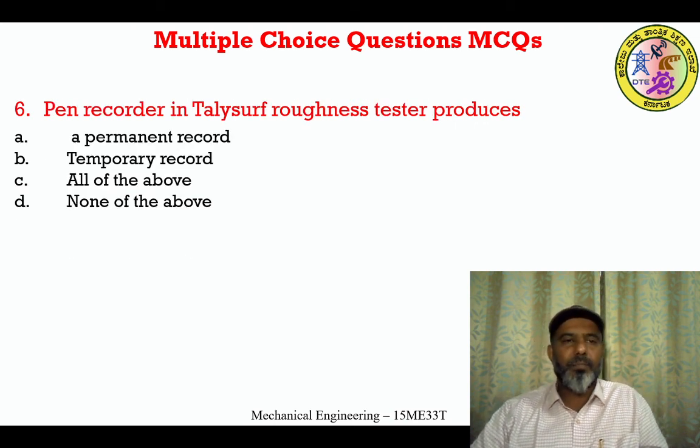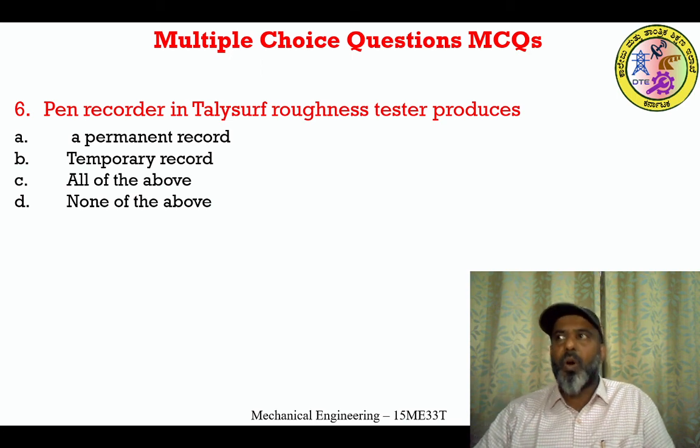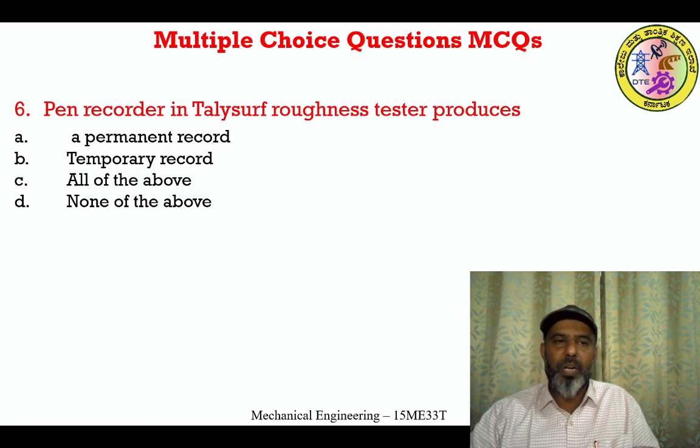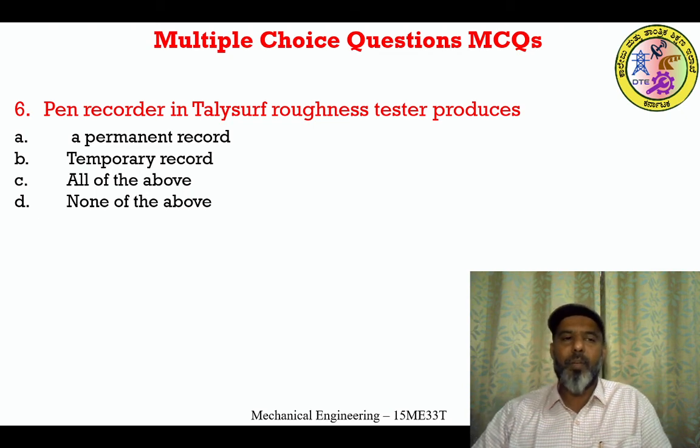The next question, related to this: the pen recorder in the TALYSURF roughness tester produces: A, a permanent record; B, temporary record; C, all of the above, that is either A or B; and D, none of the above.